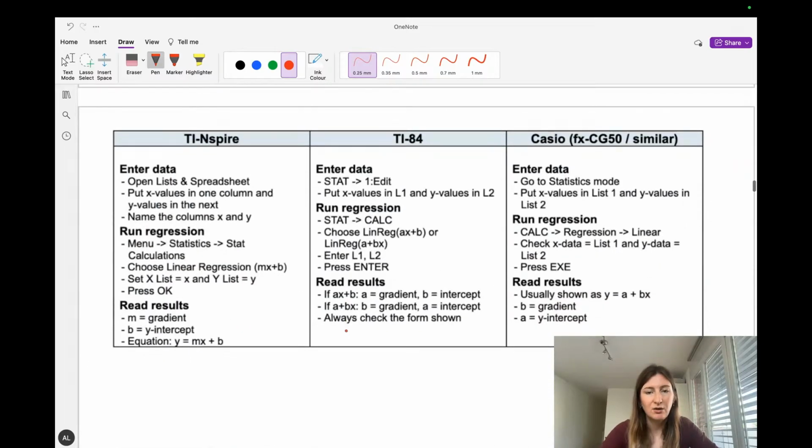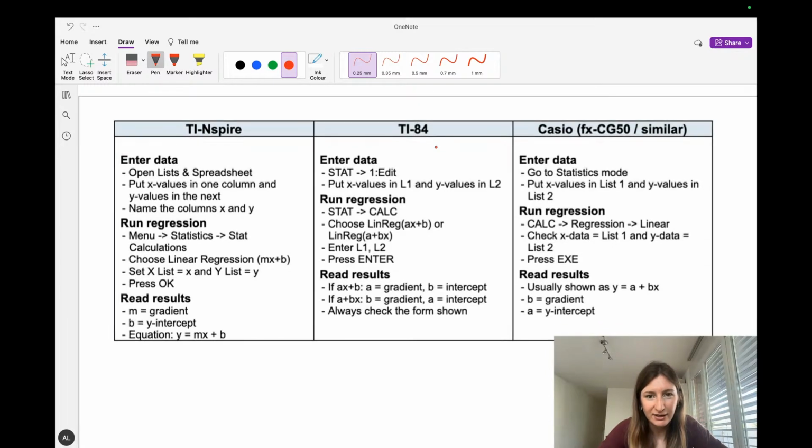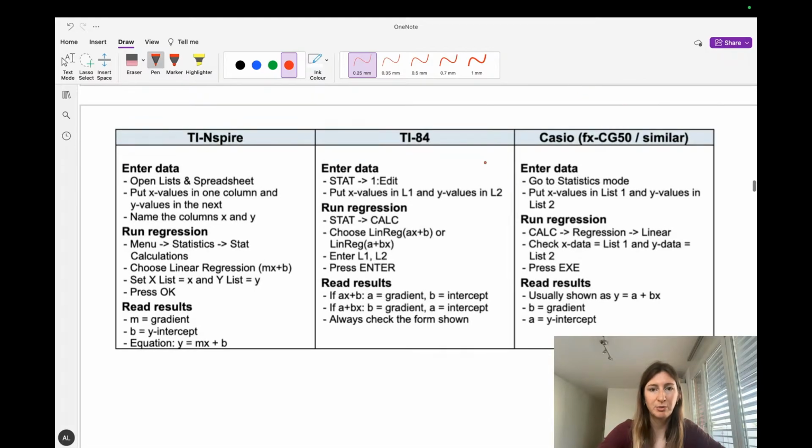This is just to help you with the calculators, because yesterday I had some questions about calculators, and I work with the TI Inspire. I have worked with TI 84, but it turned out yesterday in the session I didn't actually remember a lot about the TI 84. So I have this. Just take a picture of this for now, so later on, depending on your calculator, you can have the instructions.